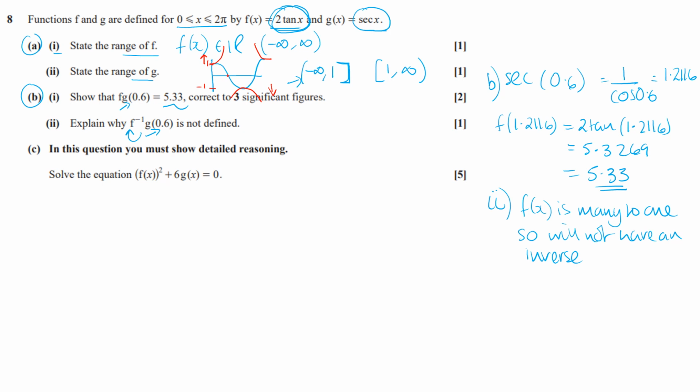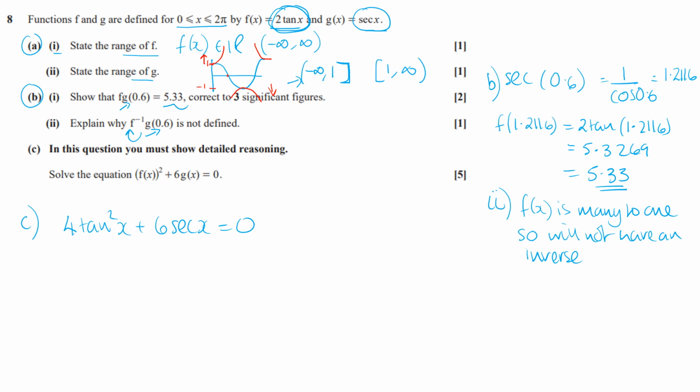Right, part C, show that when we do f of x all squared plus 6 times g of x equal to 0, and solving that equation, so f of x is 2 tan x, so squaring that will be 4 tan squared x plus 6 sec x is equal to 0.